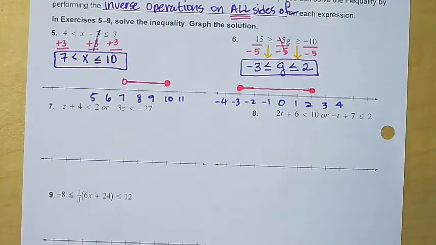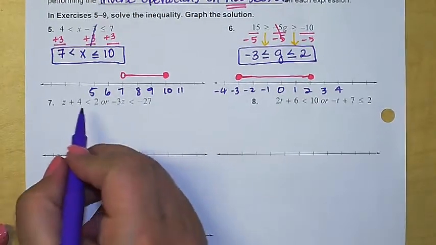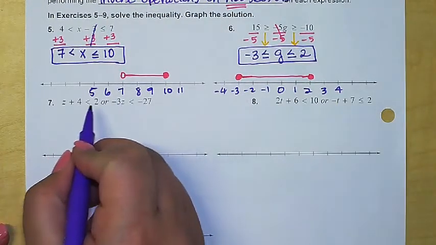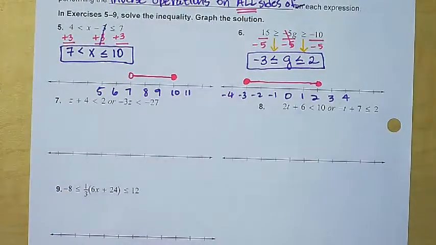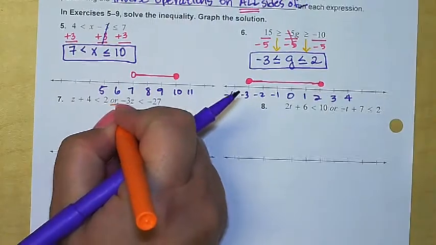Just like that. Okay? In an or statement, there is no option for solving it all together. And in fact, a lot of times in an or statement, the equations are not even the same. So pay attention to where this or is, because that's separating the two inequalities.